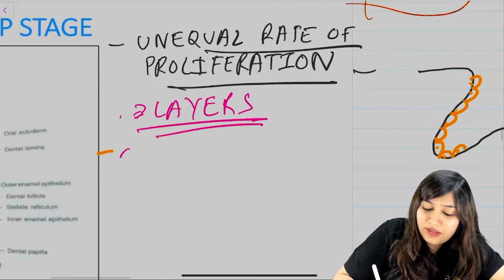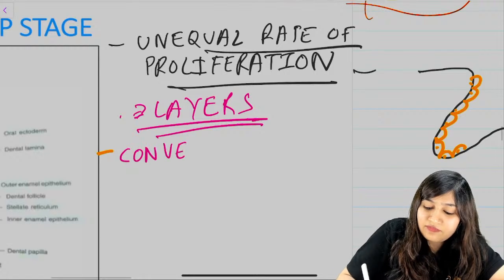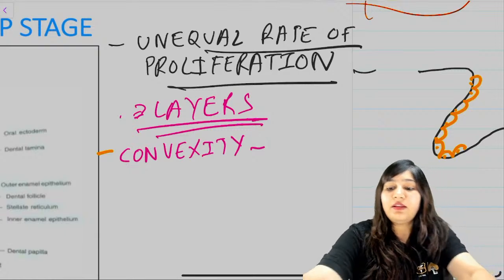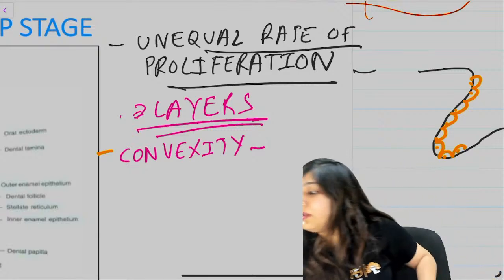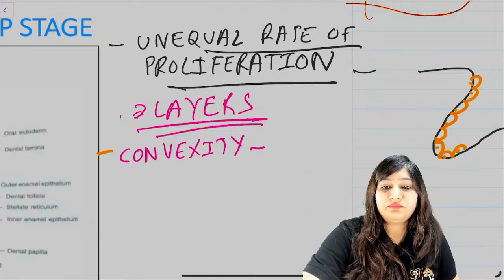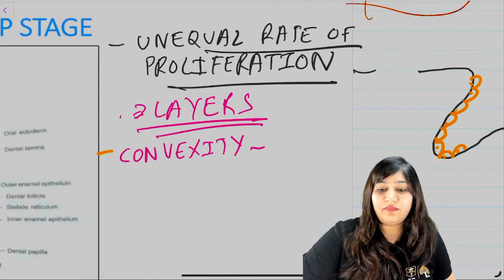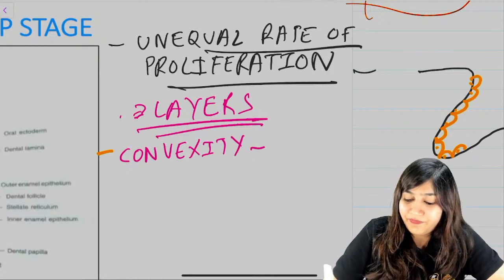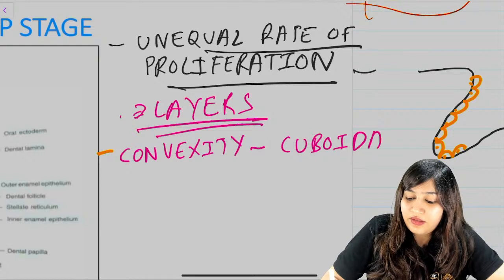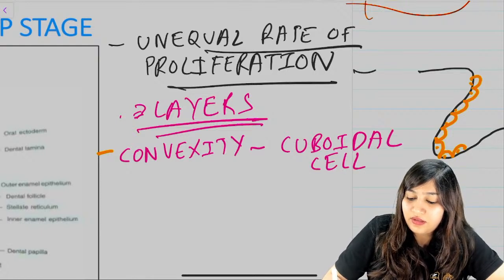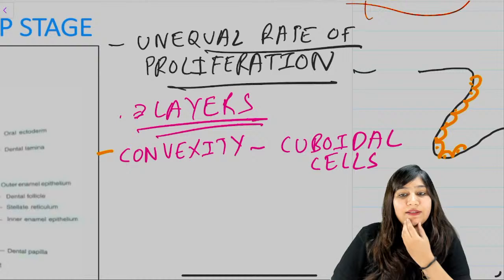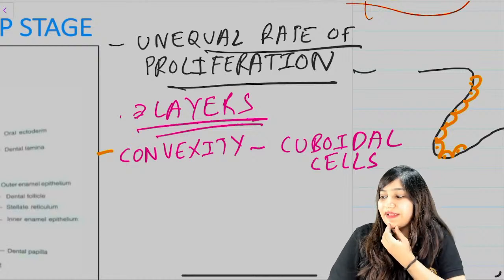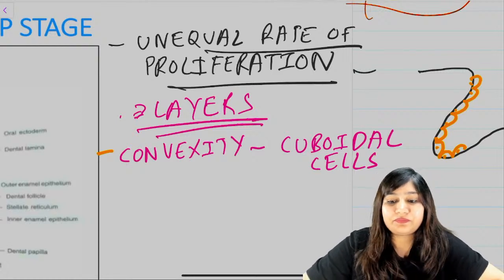First layer, in the convexity we will have cuboidal cells, right? In the convexity we will have cuboidal cells.